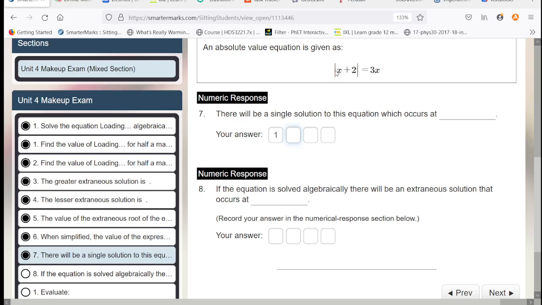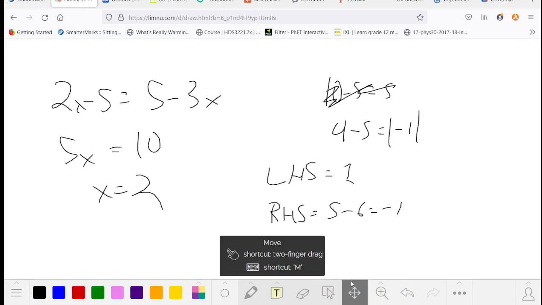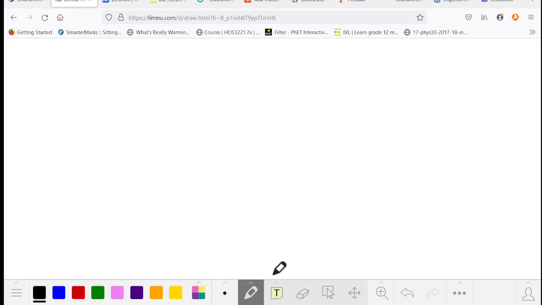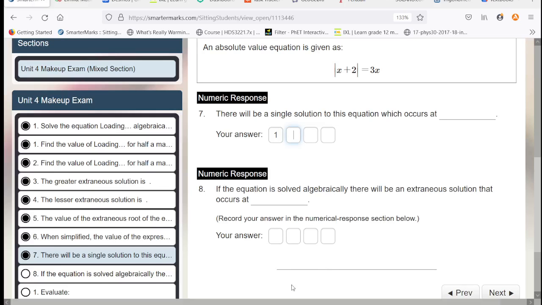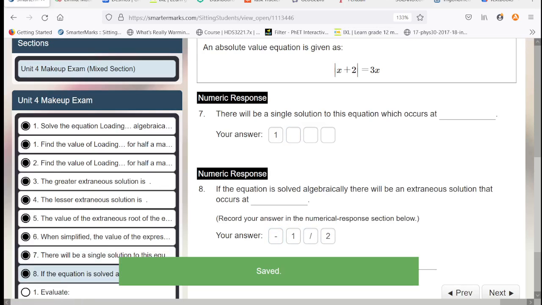So we can make that adjustment if we do it algebraically. That would be the negative x minus 2 equals 3x. So negative 2 is 4x, x is a negative 1/2. So yes, that is our extraneous root, negative 1 over 2.